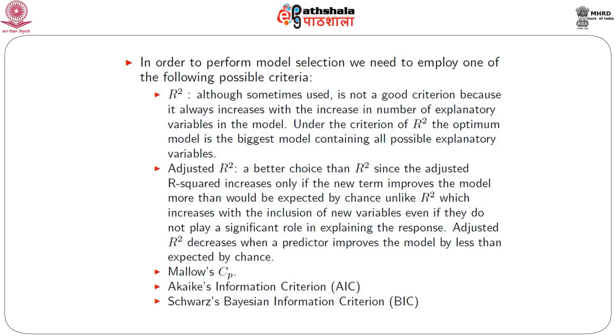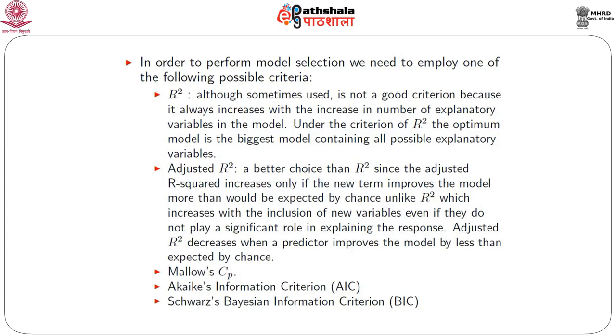This criterion is not a very useful one because it always increases with the increase in the number of explanatory variables in the model. Whether the included predictor variables are all significant or not does not count when it comes to R square. As long as we keep increasing the number of predictor variables, the R square is going to increase.